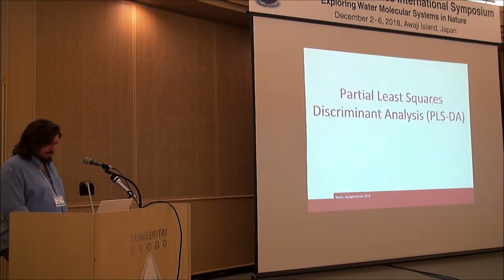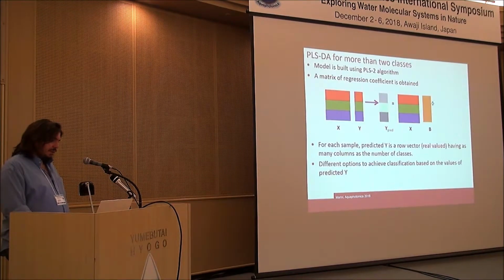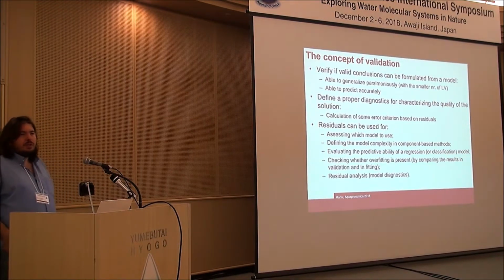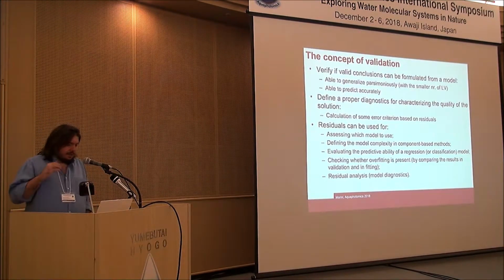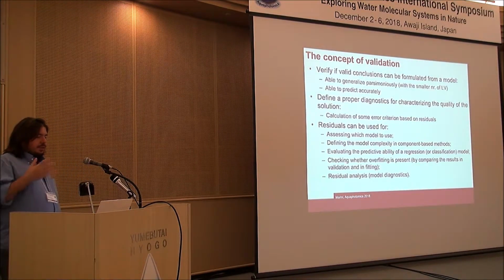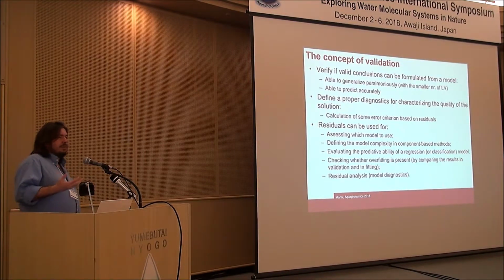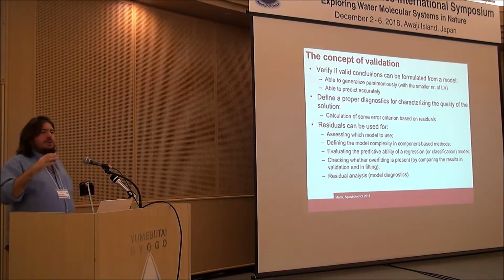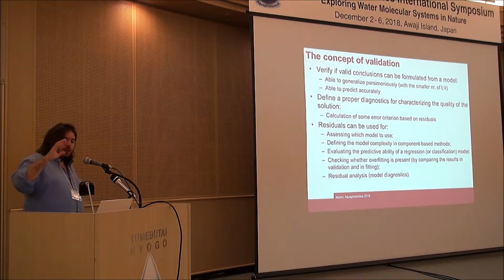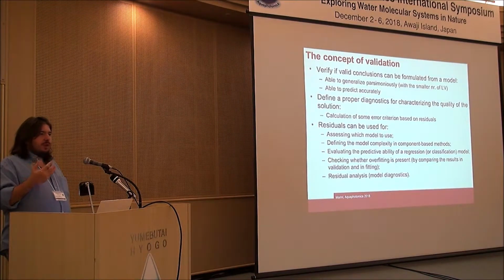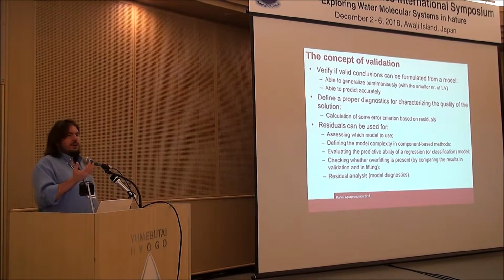I'm almost finished. I will skip the details about specific methods for classification because I want to spend the last 2 minutes to speak about an important concept that is and should never be forgotten. That's the concept of validation. So the idea is that whenever we build a chemometric model, of course with different tools depending on whether we are doing exploratory analysis, resolution, or truly predictive modeling, whatever the kind of approach that we are following, we still should properly validate our conclusions.